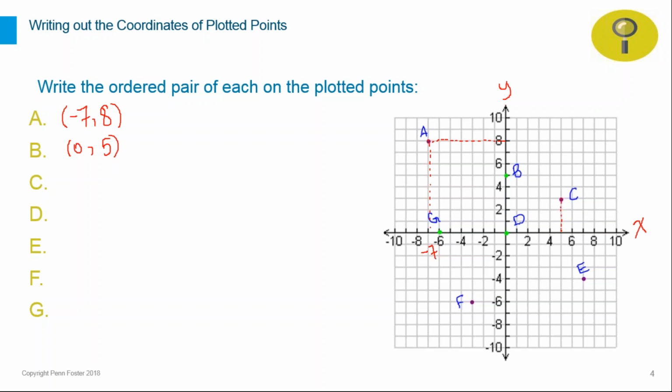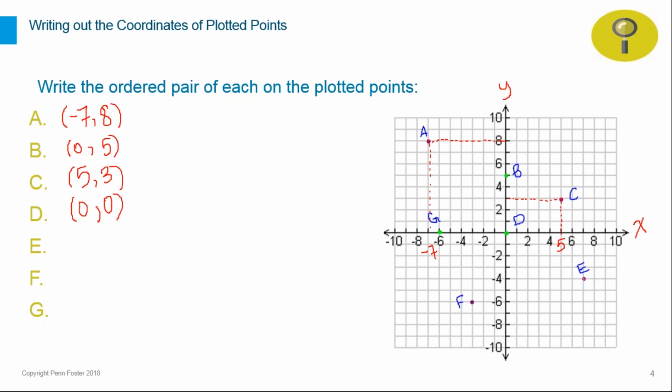Draw a dashed line down to meet the x-axis, and that will label the 5. So for point C, the x coordinate is 5. For the y coordinate, it is going to be 3. D is the origin, so it is right away 0 for x and 0 for y.